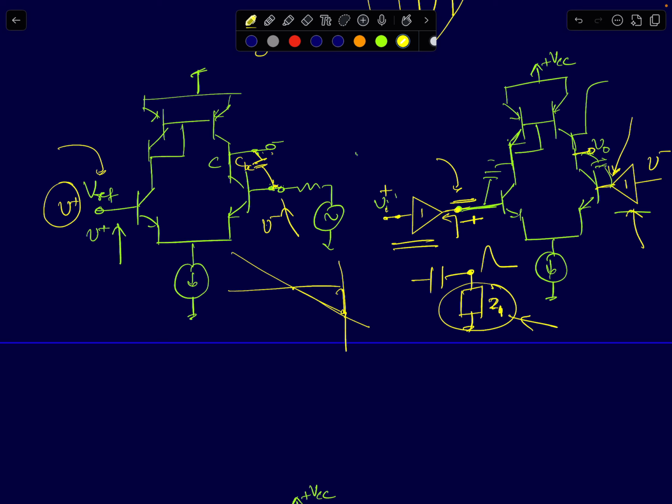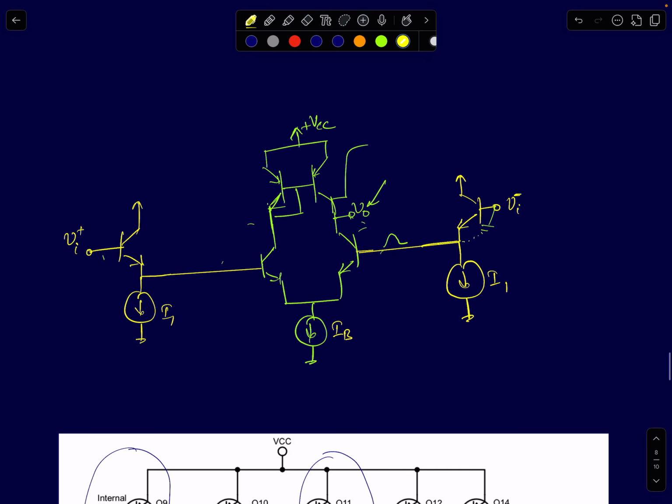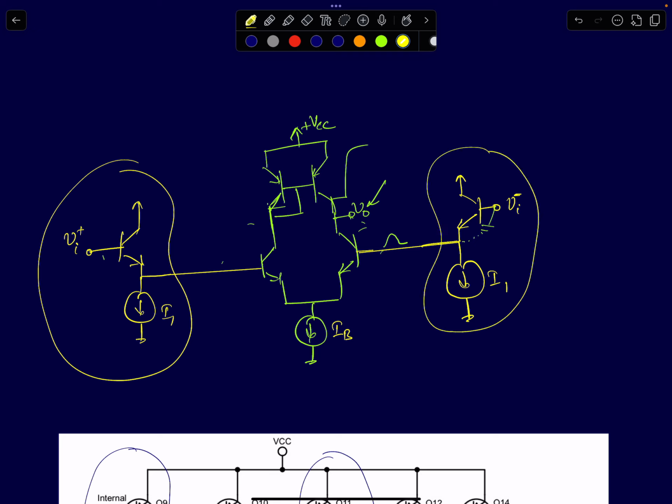How do you realize a voltage buffer? The simplest way of realizing a voltage buffer is using a common collector amplifier. A common collector amplifier is a voltage buffer which will provide you a very low output impedance, which is close to 1 by gm, and therefore it can significantly decrease the voltage jumps at the inverting terminal node.